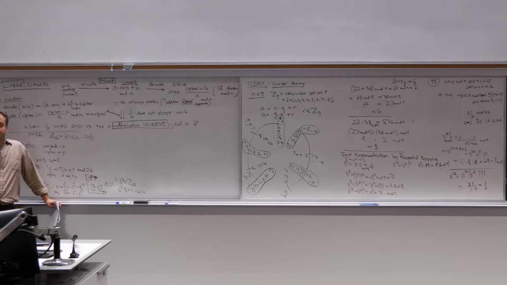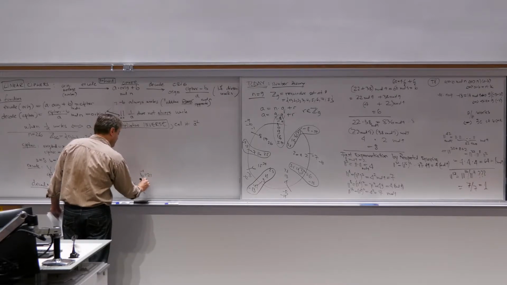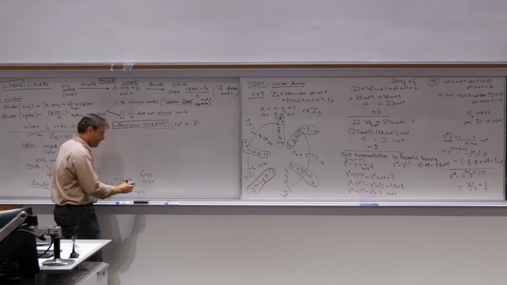Is it 0? 0 times 5 is what? Oh, 0. Okay. Is there any value that when I multiply with 5, I get modulo 1? 21? How about b to the minus 1 is 21? Because 21 times 5 is 105.